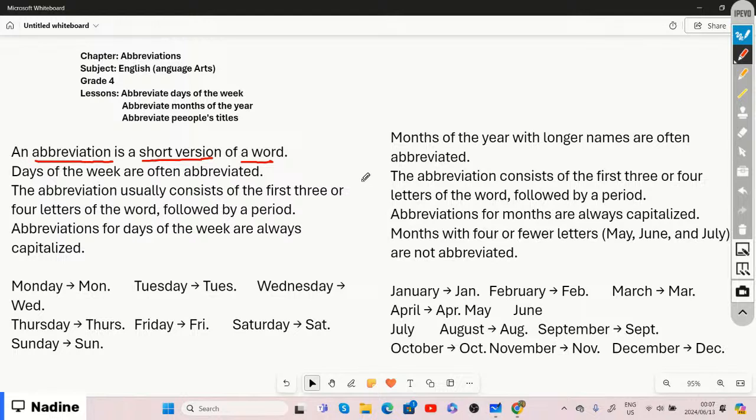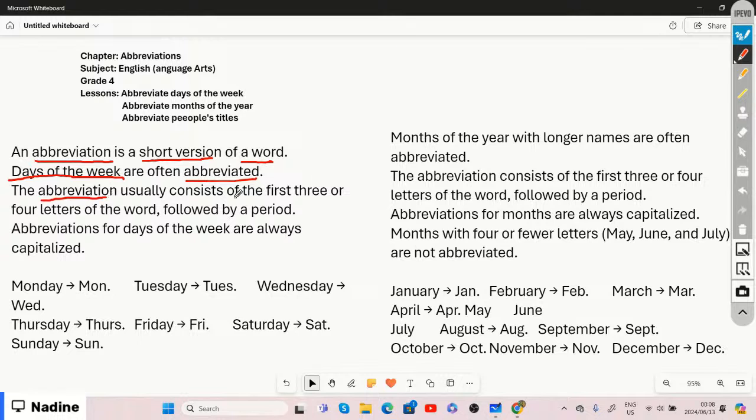So we have days of the week, right? And days of the week, they are also often shortened, right? Or let's say they are abbreviated. And with abbreviations, we said days of the week are usually abbreviated.